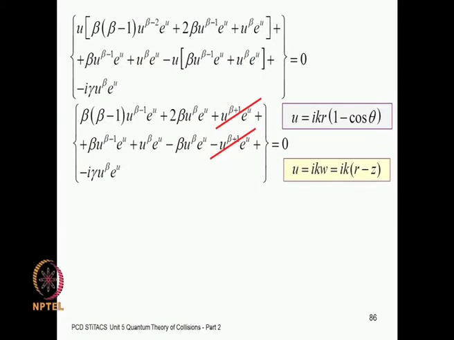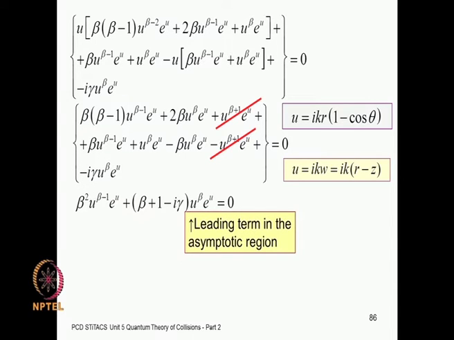Okay, here it is. Now you see that some of these terms cancel each other. That is the kind of simple manipulation attempted over here. So what does it give us? When you combine all the terms, you find that the leading term goes as u to the beta, and the other term is u to the beta minus 1.